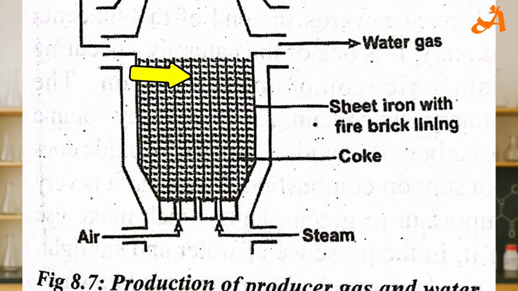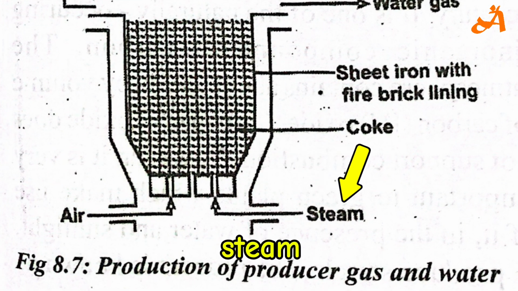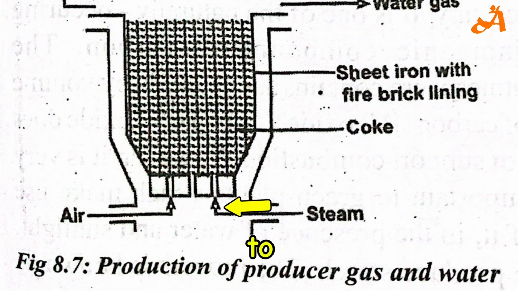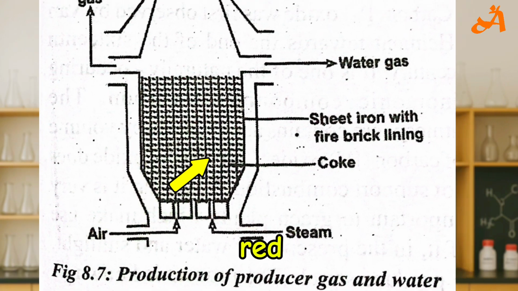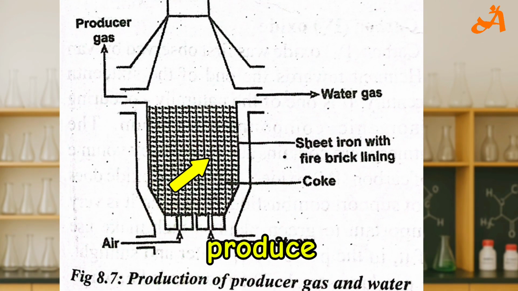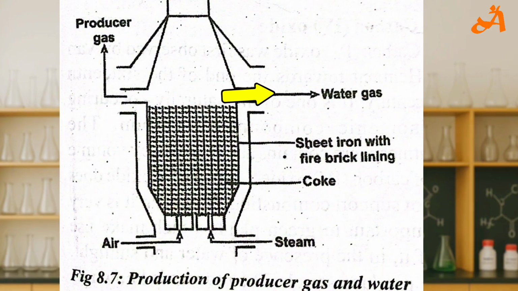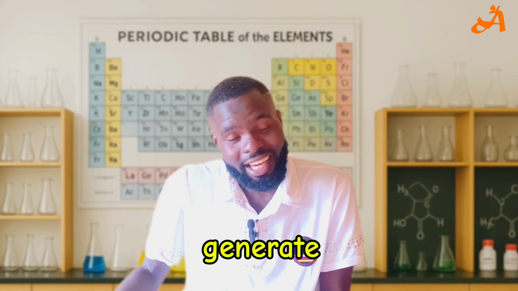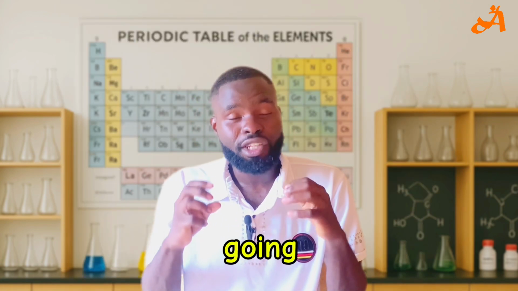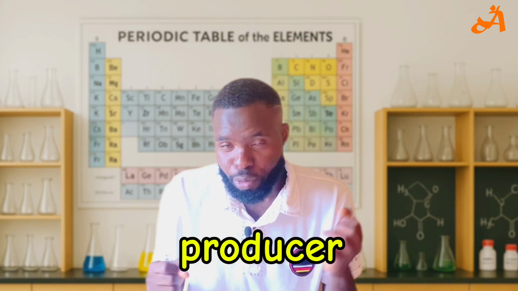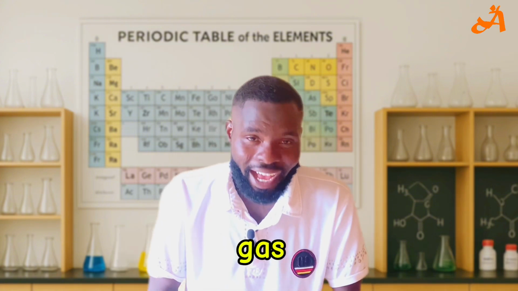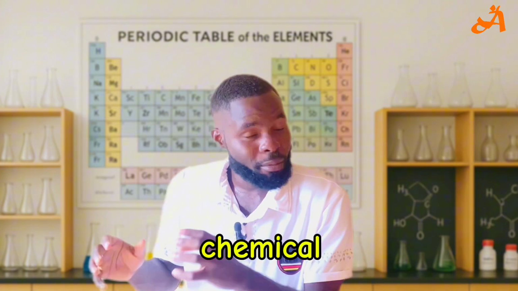In the same furnace, if steam is passed or allowed to react with the same red hot coke, it is not going to produce producer gas. Instead, it is going to produce water gas. These two gases are very, very useful. Let's see if the AI can actually generate a video that is going to demonstrate how producer and water gas are being made by the chemical industry.